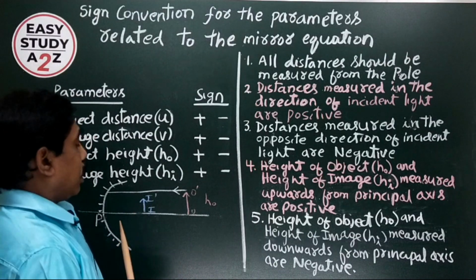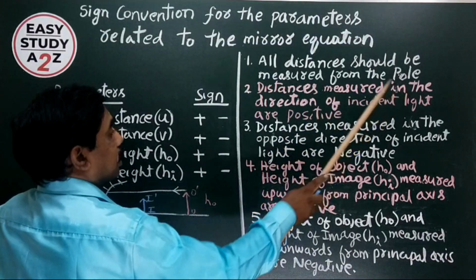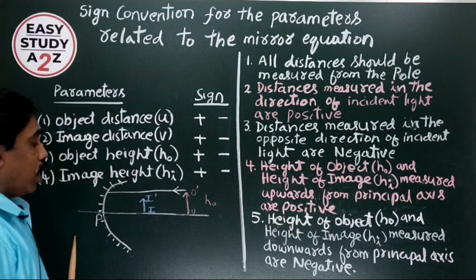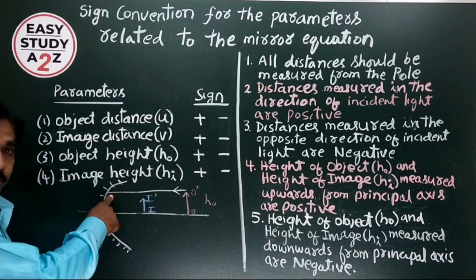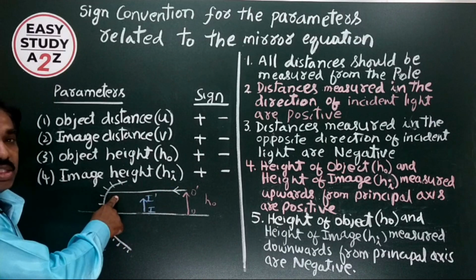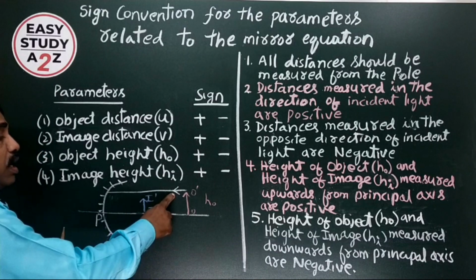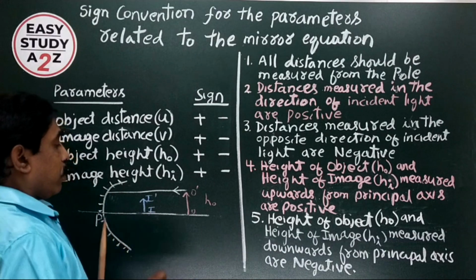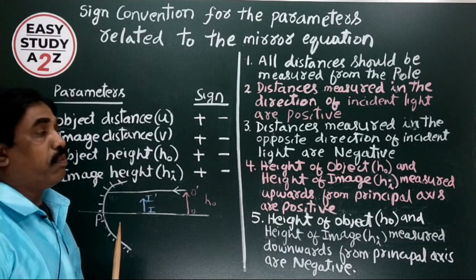Now coming to the second rule, distance measured in the direction of the incident light is taken as positive. Now when a ray is falling on the concave mirror, this is the direction of the incident light. If you measure the distance in this direction, you have to take it as positive.